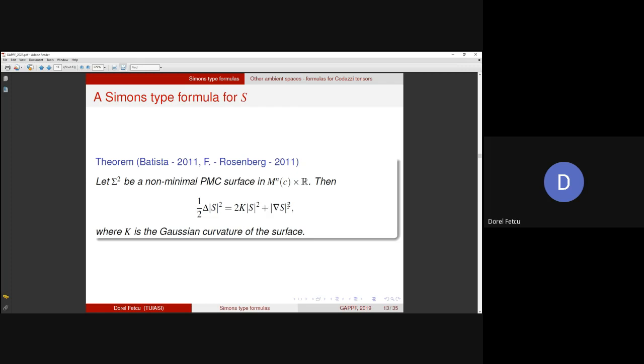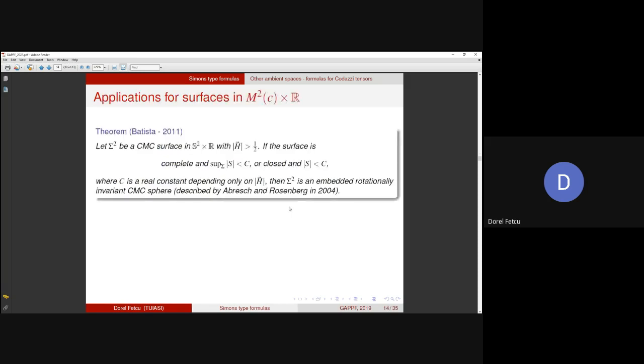So if sigma is a non-minimal PMC surface in a product space, then the Laplacian of the squared norm of S has this very simple form where K is the Gaussian curvature of the surface. This formula is very easily obtained from the general Chern-Gauss formula for the Codazzi tensors.